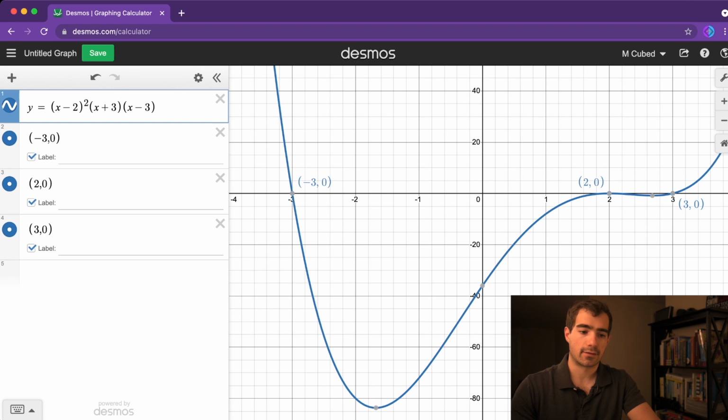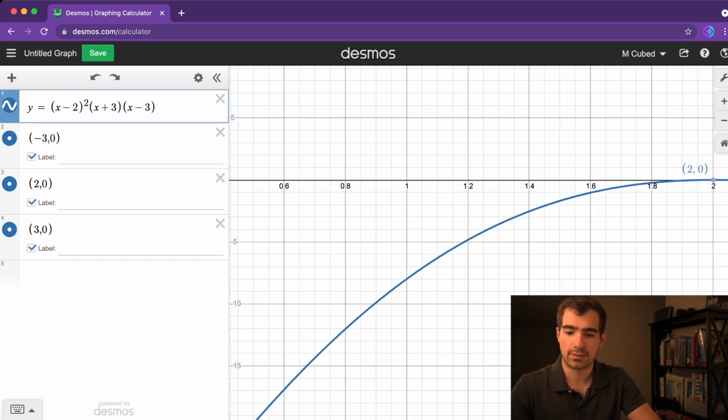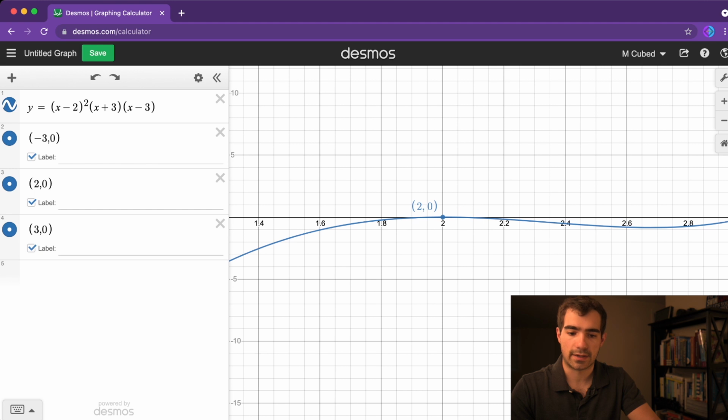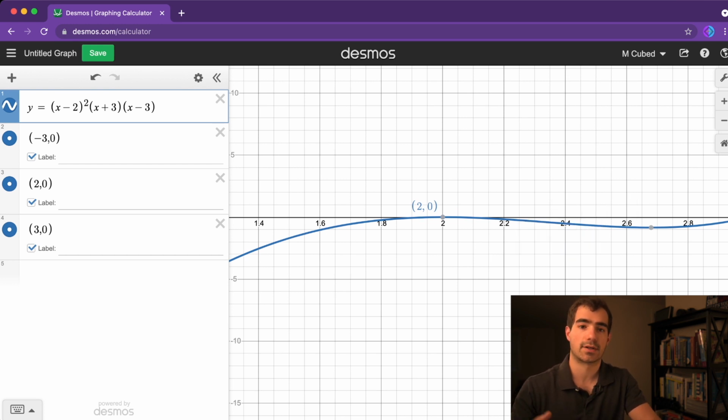But then at our root of positive 2, where our corresponding factor is raised to the second power, an even power, we can see that as we zoom in, we watch this graph go up to the x-axis, touch, and then turn back around. And so that distinction is determined based on whether or not the multiplicity is even or odd.